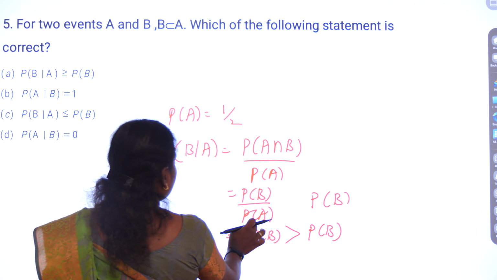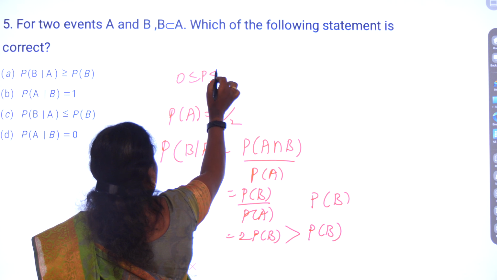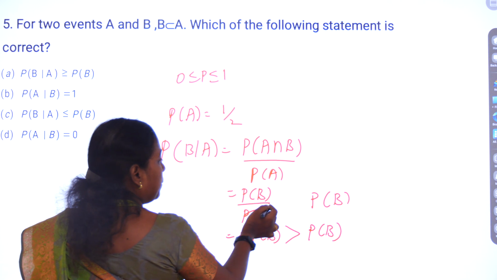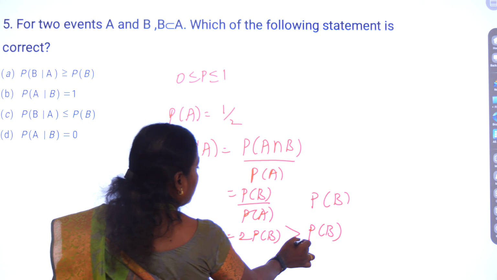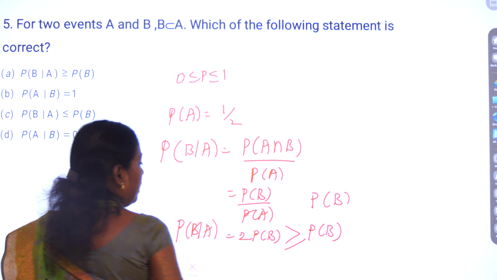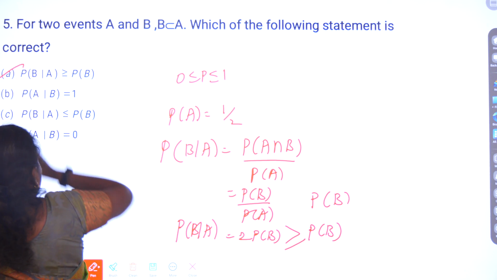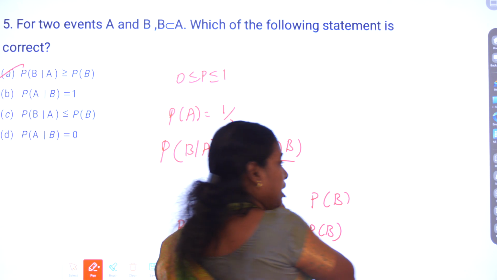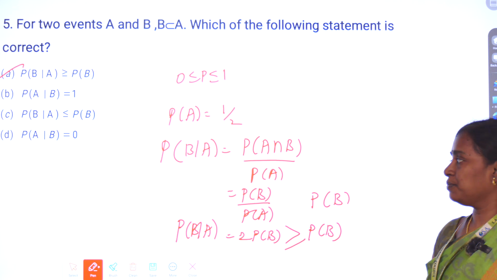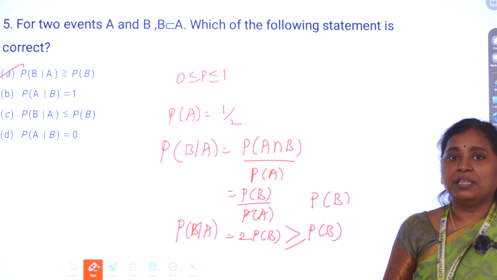Suppose I choose P of A as 1. Then it will be equal to P of B. So P of B given A will be greater than or equal to P of B, which means the first option, P of B given A is greater than or equal to P of B, is the correct option. So with this we end the session. We'll continue in the next section.